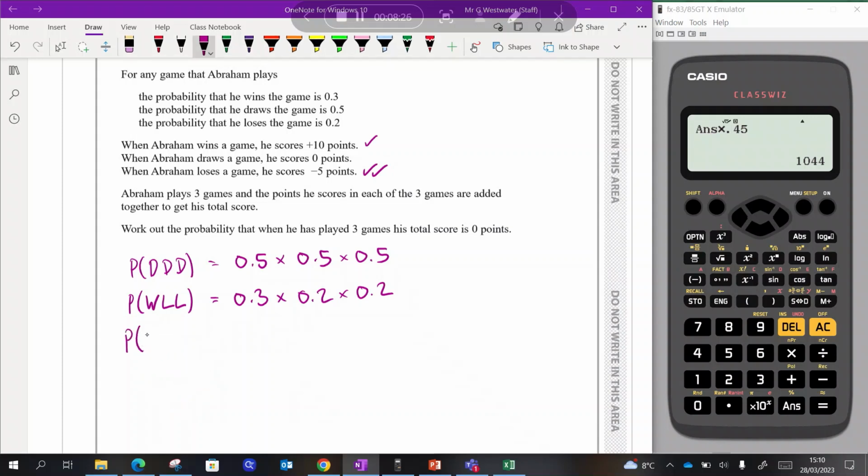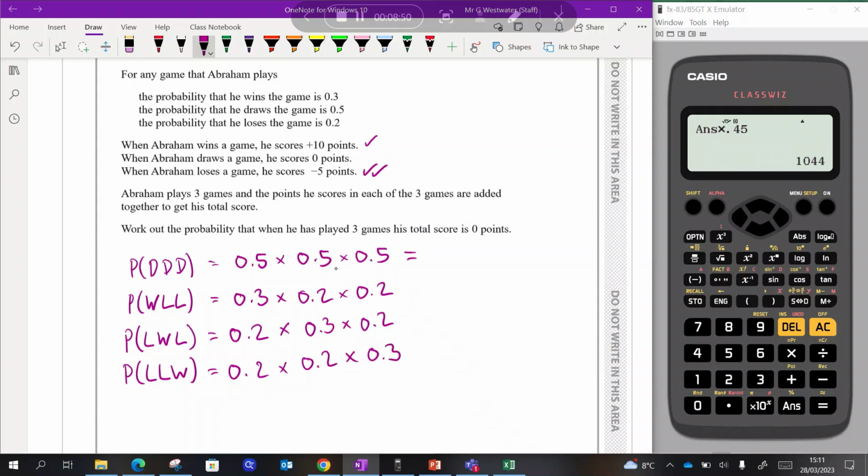We have the probability of a loss, win, then a loss, or the probability of a loss, loss, and then a win. Either way, these are actually the same probabilities, just in a slightly different order. 0.2 times 0.3 times 0.2, and 0.2 times 0.2 times 0.3.